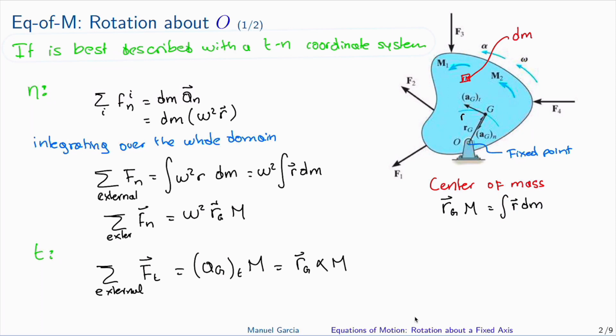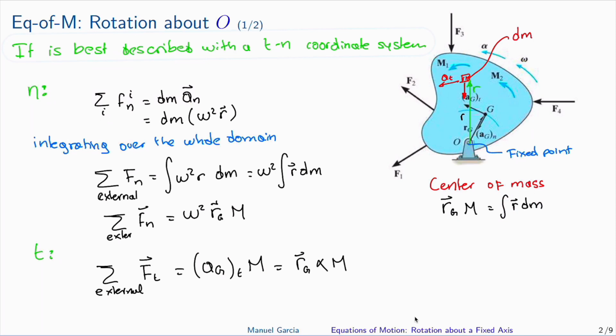So let's choose a particular point. This point is our dm, which is located at a distance r. So what we have is that the sum of the forces in the normal direction is equal to this differential of mass multiplied by the normal acceleration. So the normal acceleration will be that, and the tangential acceleration will be that.